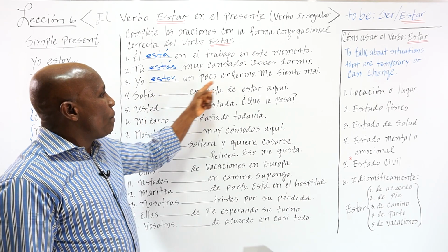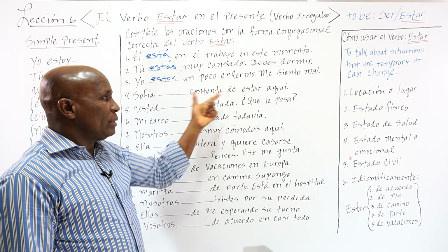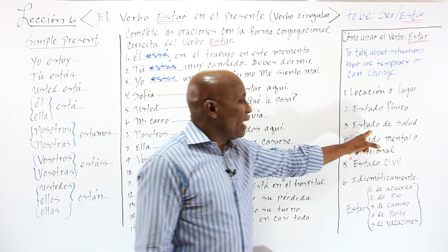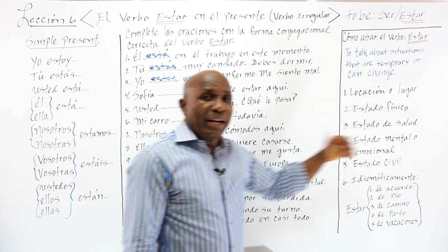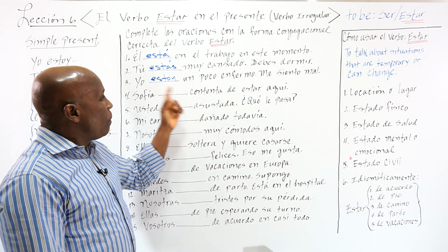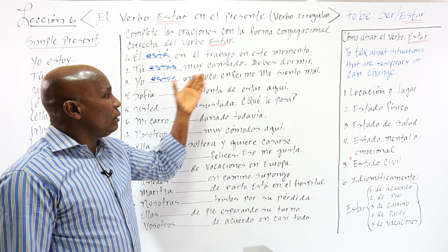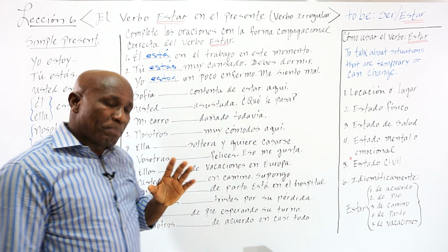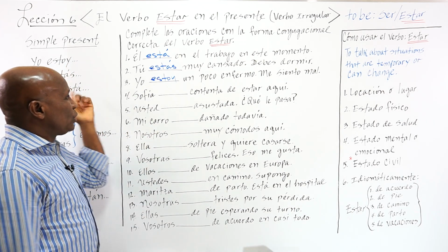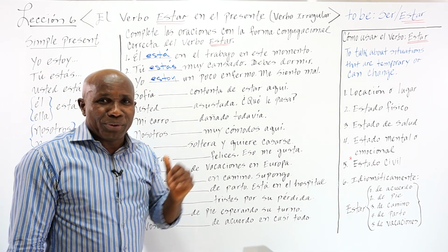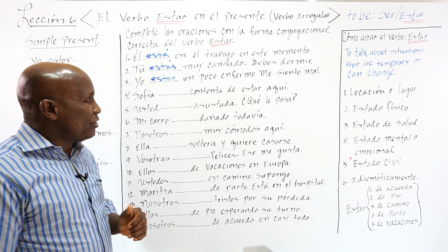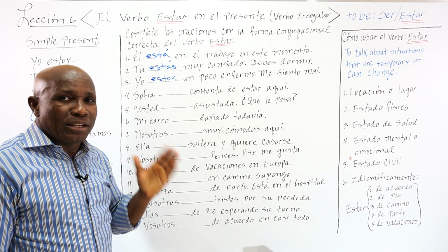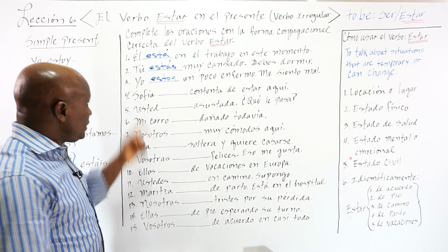Yo estoy un poco enfermo. What situation is that? It's a state of health, right? Estoy un poco enfermo. A little sick. Me siento mal. I feel bad. So, yo estoy. That's the present. Remember, this is the simple present tense of the verb estar. El presente simple del verbo estar.